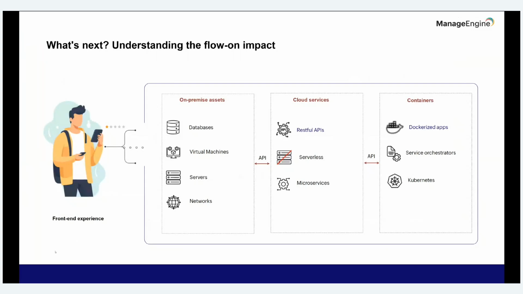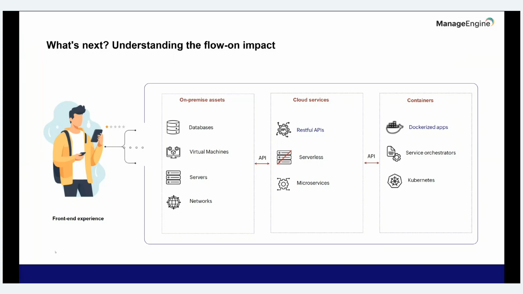Through the user experience, I'll be accessing my applications or servers or web portals, but I will never have visibility across the background components, let it be an on-premises asset, a cloud service, or microservices running on top of your containers in different types of containerized environments. So we will never know what all the ongoing backend components are that need to be identified. But with the help of discovery and dependency mapping, we can understand the flow of impact and isolate the problematic components using OpManager Plus.